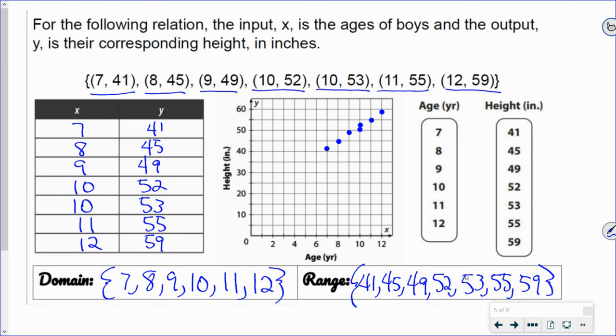Okay? And if I do the mappings, they're going to be very similar. 7 maps to 41, 8 maps to 45, 9 maps to 49, 10 maps to 52 and 53, 11 maps to 55, 12, 59.